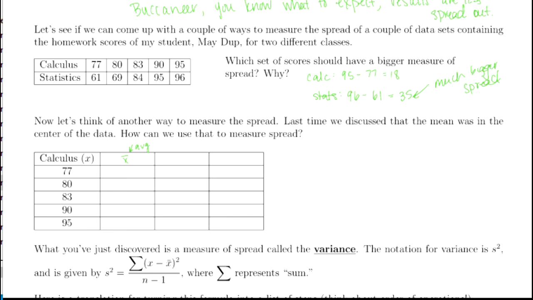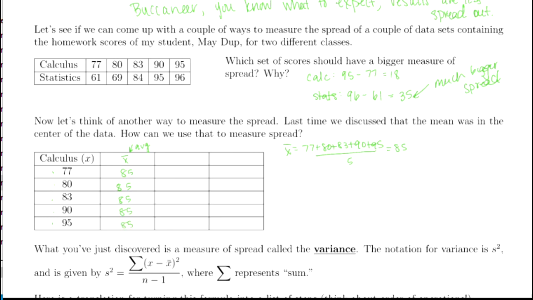To find the average, you add all those scores up: 77, 80, 83, 90, and a 95, and then divide by 1, 2, 3, 4, 5, by 5. That's an 85 average for those homeworks. So we're going to put 85 in all of these spots in this table.